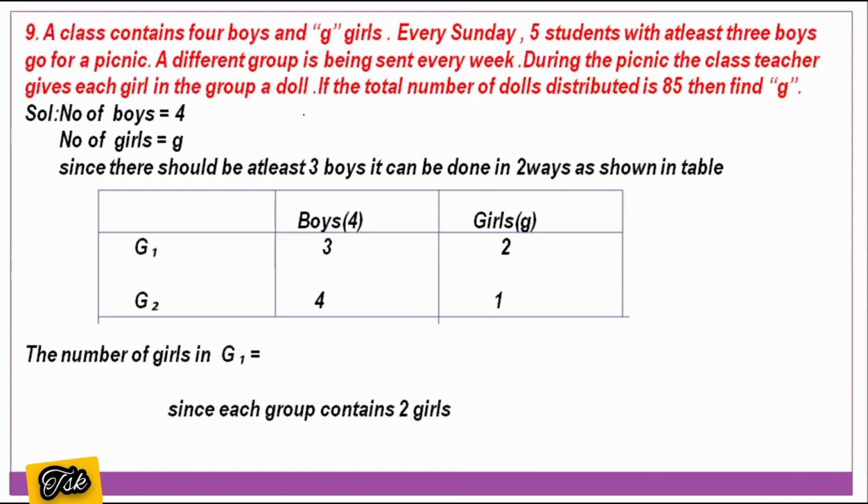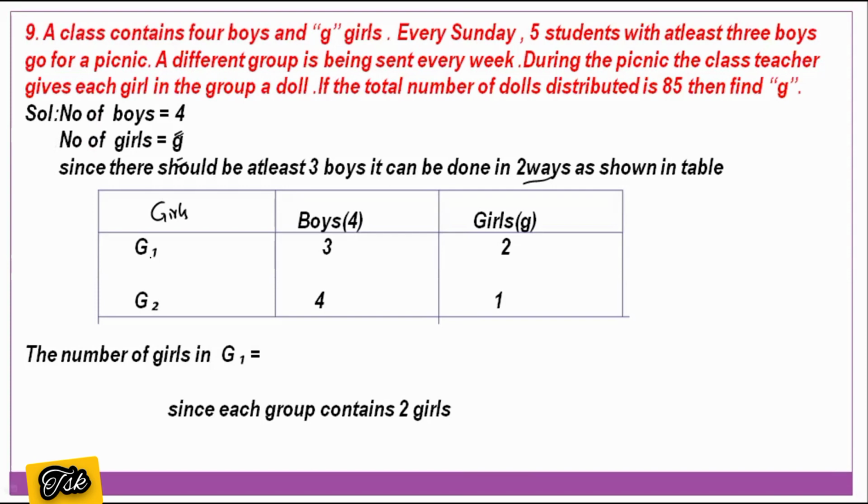Okay. Number of boys given is 4, and the number of girls given is G. Since there should be at least 3 boys, it can be done in 2 ways.